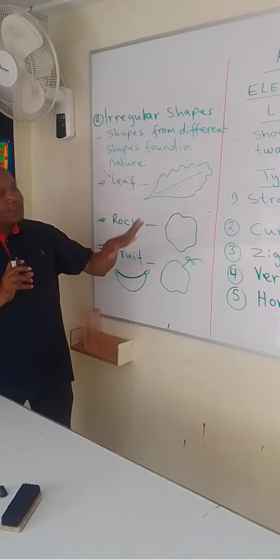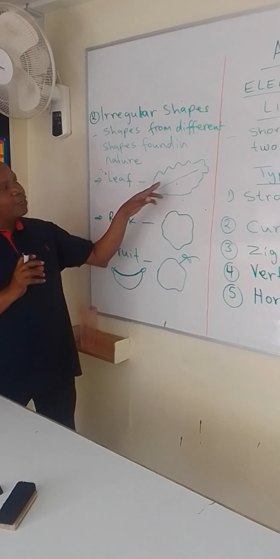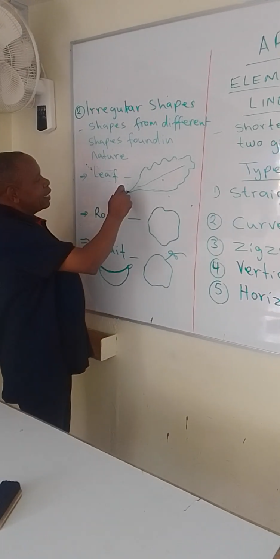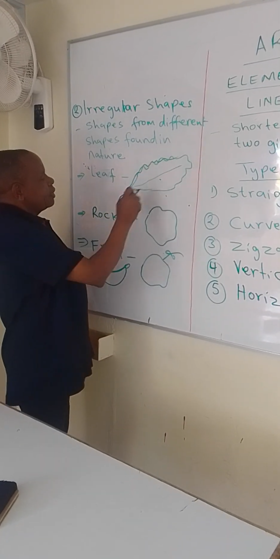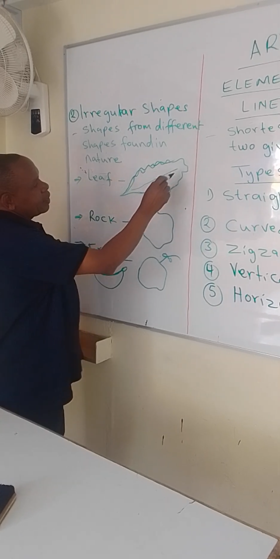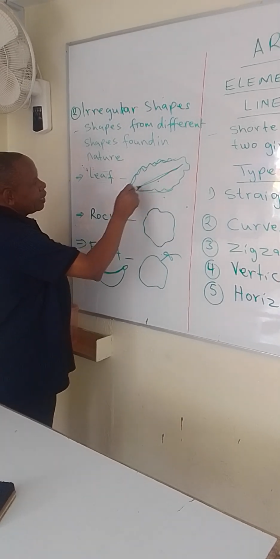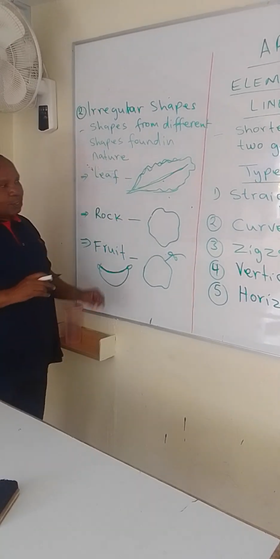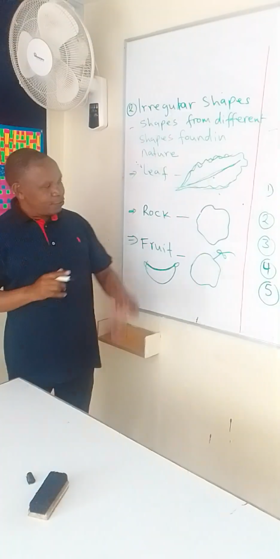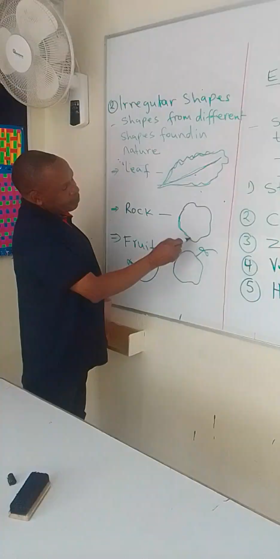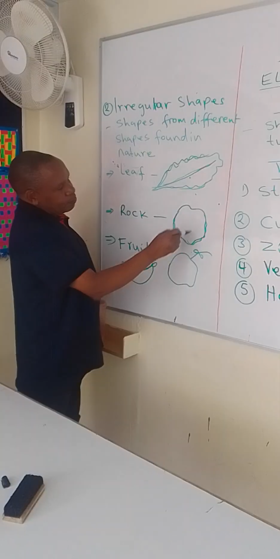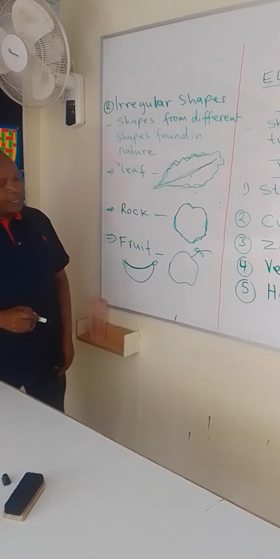For irregular shapes, you can use different lines. For example here, if you are drawing a leaf, you can use a zigzag line, like we have a zigzag line here, and another zigzag line here, and then we can put just a curved line in between. When we look at that shape, we say this is the shape of a leaf. We can have these curved lines here, or these zigzag shapes here, and we can say we have created a rock.